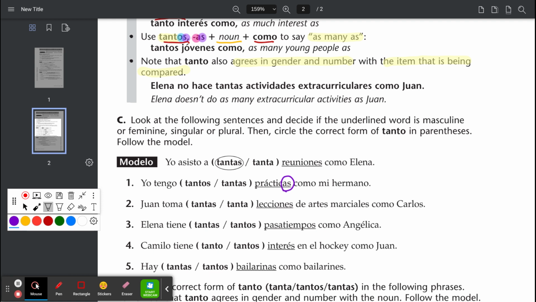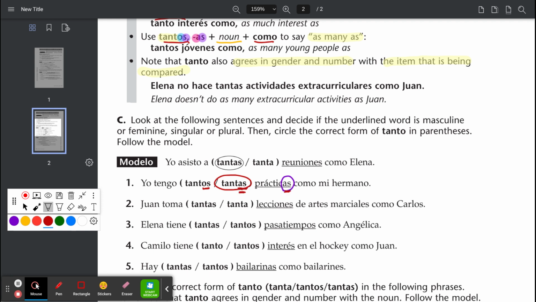Prácticas ends in AS, so it has to match for feminine and plural. So we therefore would select not tantos, because that's masculine and plural, but tantas, because that matches in feminine and plural.